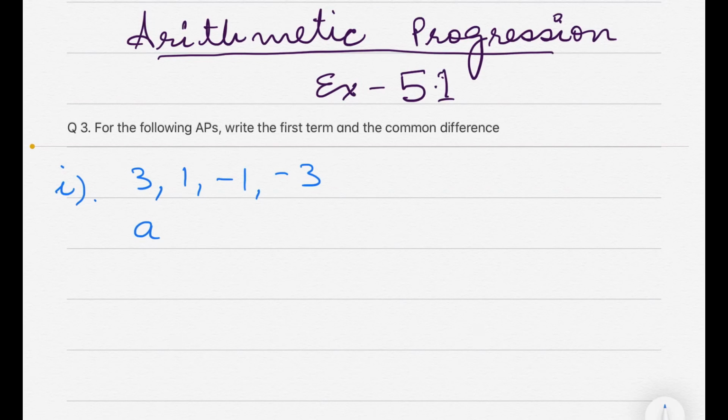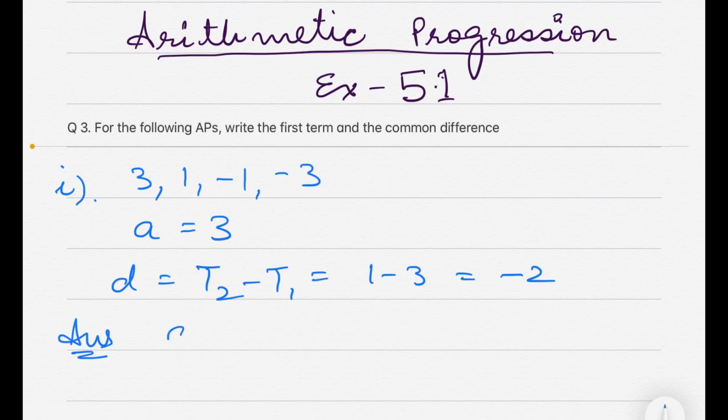So as it is seen, a is equal to 3 and d will be, because this is an AP, I know the common difference will be the same, so I can find out just one term, T2 minus T1. So the second term is 1 minus 3, so my common difference is minus 2. So my answer a is equal to 3 and d is equal to minus 2.